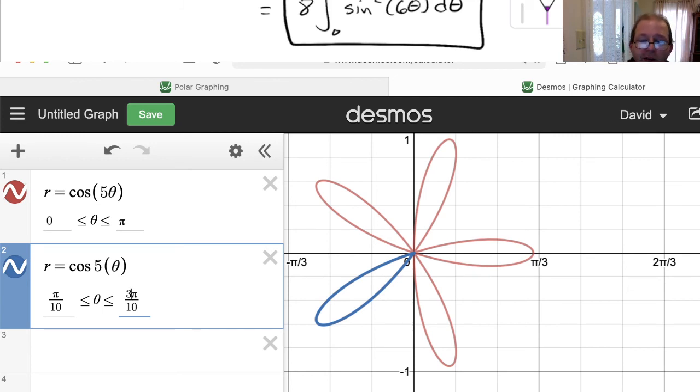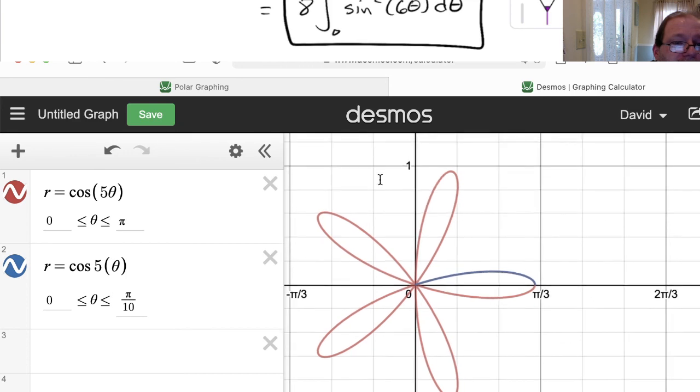So I could use pi over 10 and 3 pi over 10 as my endpoints. But I want to use a little bit of symmetry to make this easy. Let's go back and look at 0 to pi over 10. That gets us half of a petal. So let's just use 0 to pi over 10 for our endpoints, and then we'll double it.